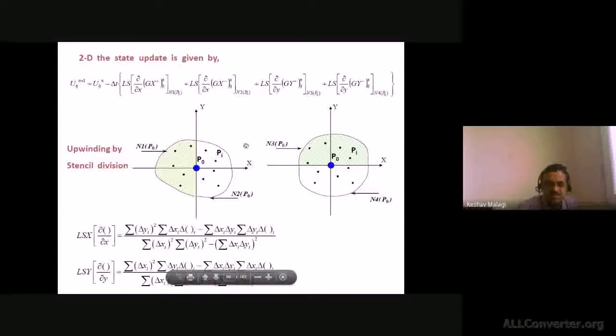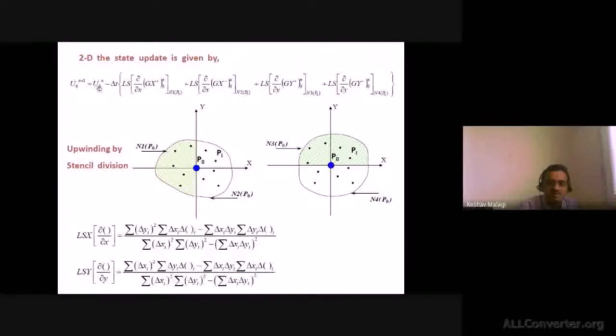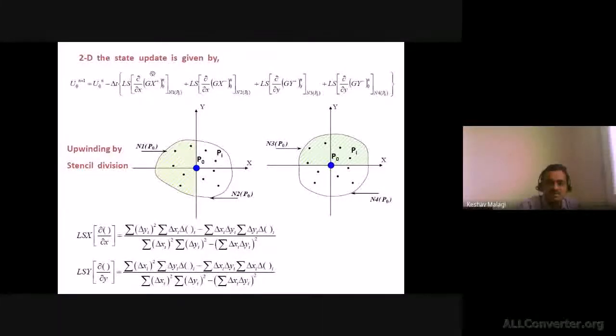Similarly, in 2D, you will have u naught plus, minus delta t, the plus x flux derivative with respect to x, the minus Gx minus with respect to x, and then Gy plus and Gy minus derivatives with respect to y, defined on suitable stencils. So for x, you have to define left and right.